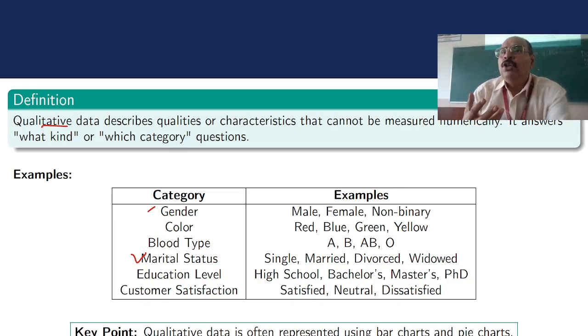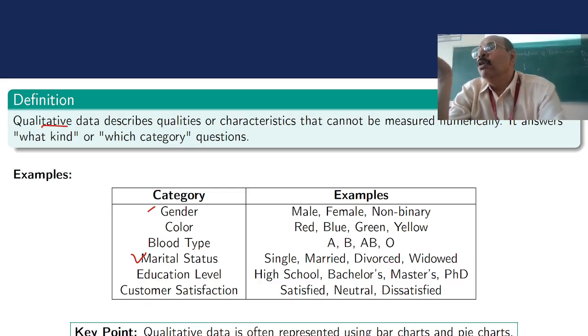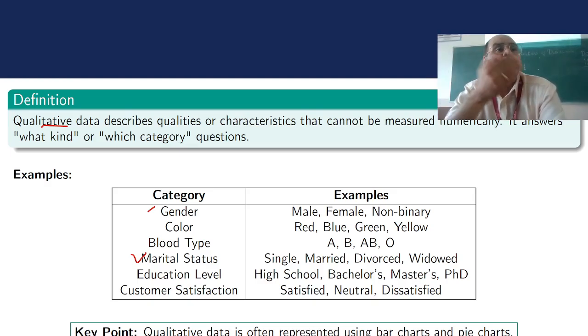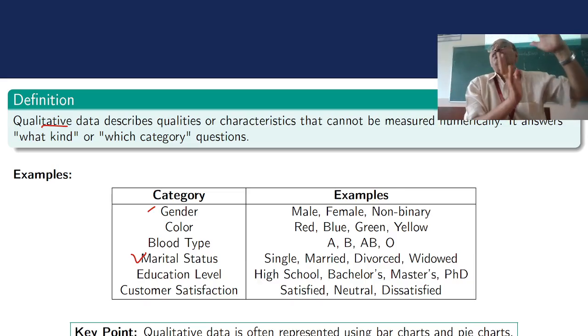That means that you have a category of things in that particular data set. So, for example, even pass and fail is categorical data. I have a database of all the students, and how many students have passed or failed. So I can categorize the students as pass or fail.